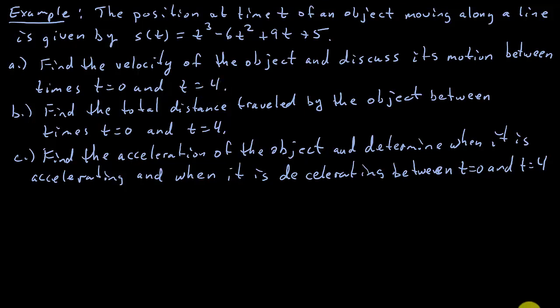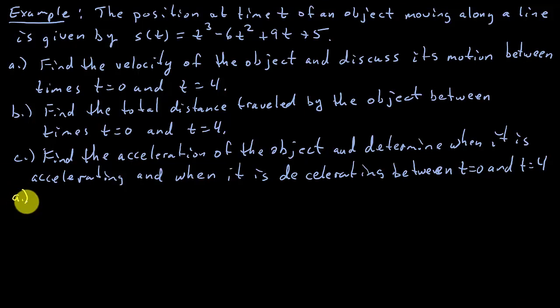And then for part B, it says find the total distance traveled by the object between times t equals 0 and t equals 4. And then find the acceleration of the object and determine when it is accelerating and when it is decelerating between t equals 0 and t equals 4. All right, so let's go ahead and work part A.